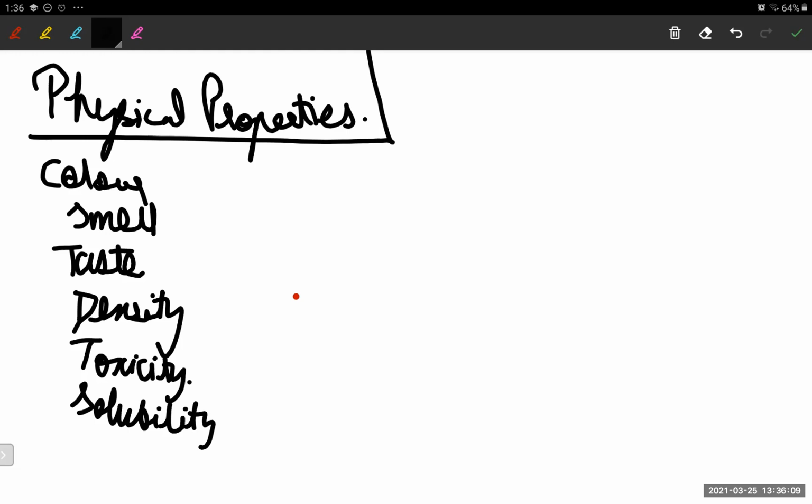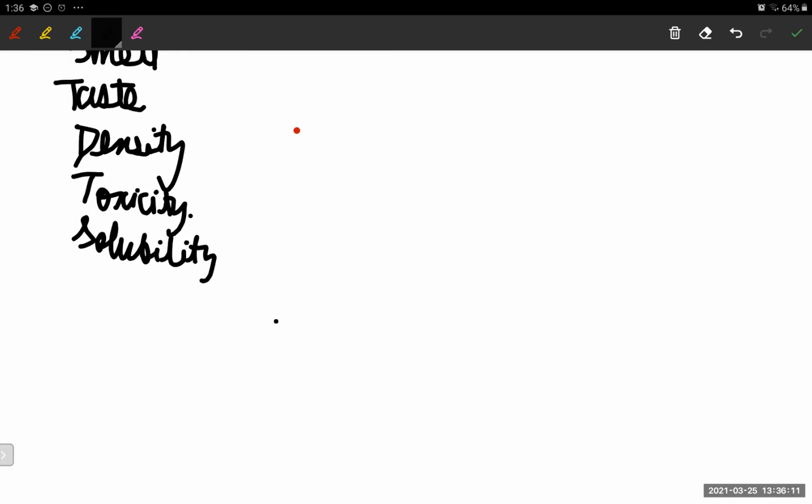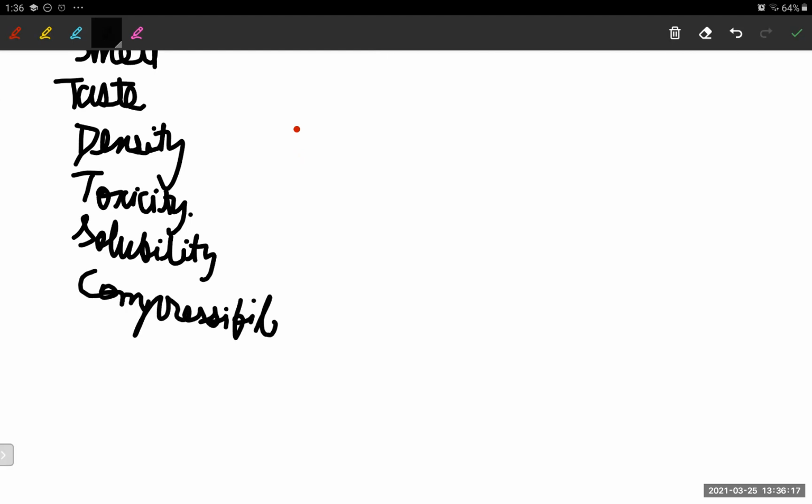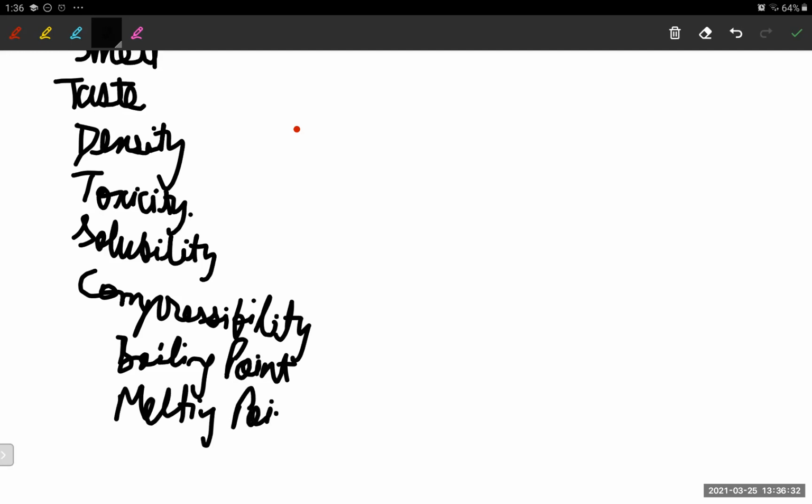Then compressibility, right? And then what did we do? We did boiling point. These were not there in HCl. Boiling point and then the melting point. Let's fill in the blanks.